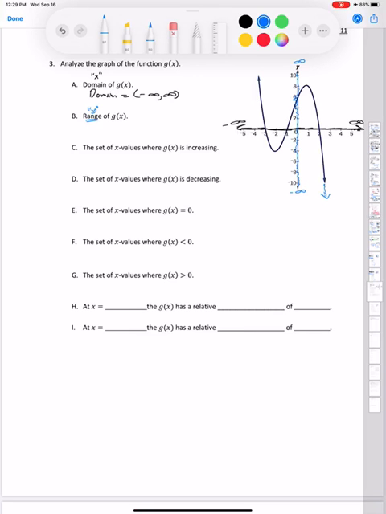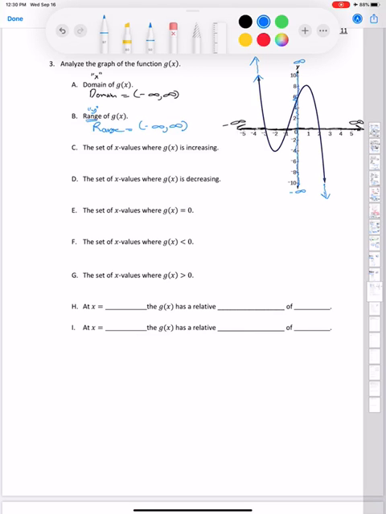If you look at the left and right tails of this graph, the left and right tails go opposite directions. One's going up to infinity, and the other's going down to negative infinity, and all in between. So as far as range goes, our range is also all real numbers. So listing that in interval notation, all real number values of y, negative infinity to infinity. And it covers the entire y-axis.